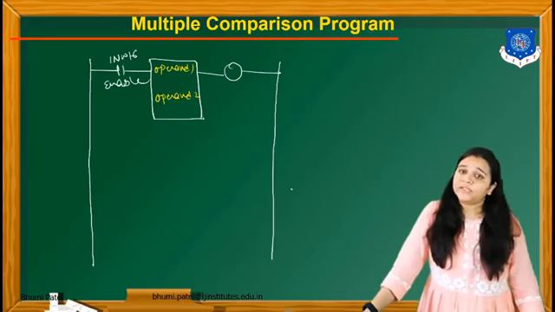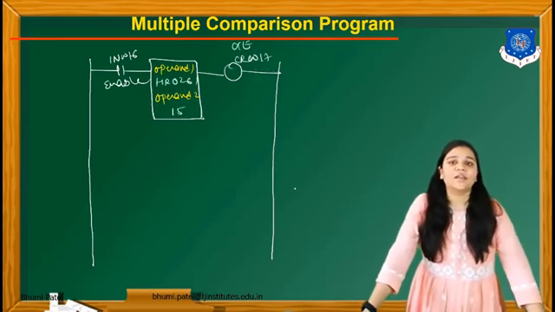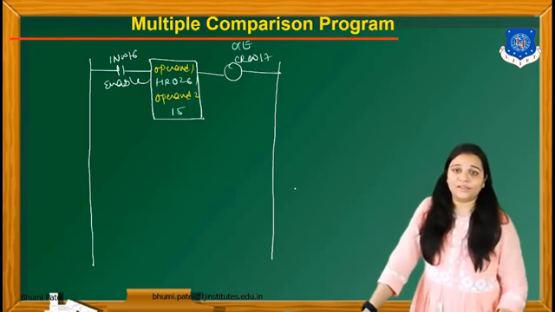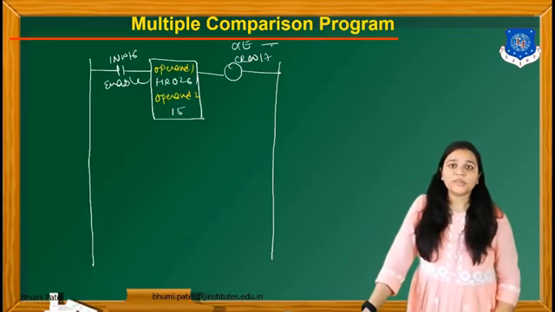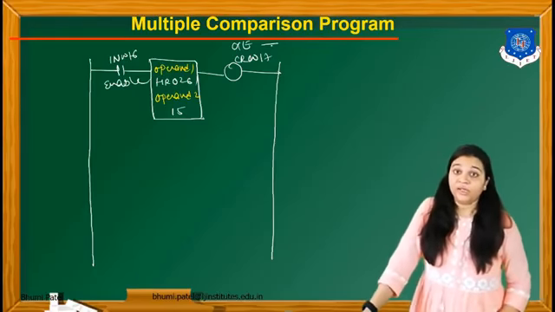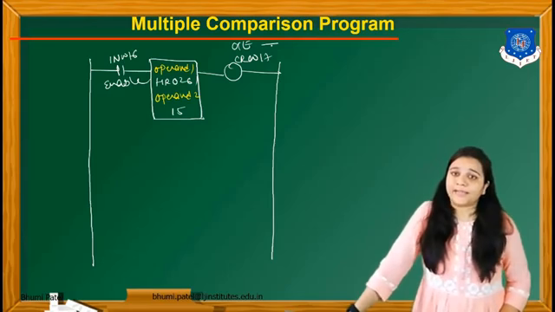Then we compulsorily take operand number 1 and operand number 2, because this is the format of the comparison function. We write greater than or equal to, and the name of the output is CR0017.